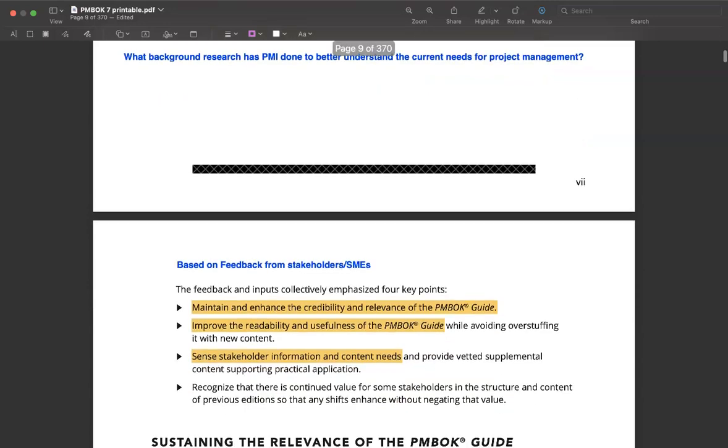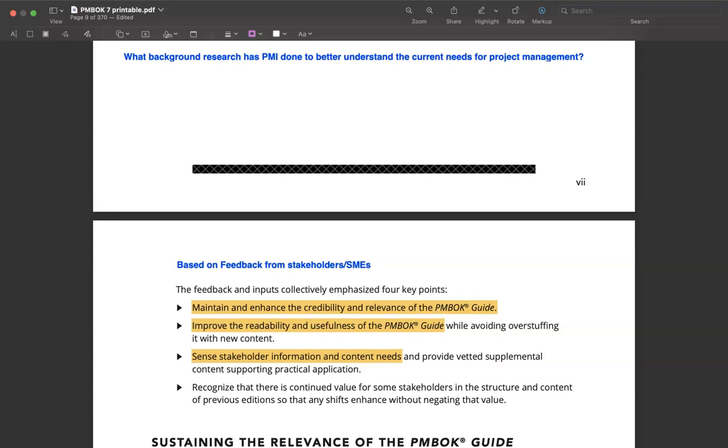So the main reasons are, like it says, they want to maintain and enhance the credibility and relevance of the PMBOK guide. They want to improve the readability and the usefulness of the PMBOK, and they want to ensure that all the different stakeholders all over the world who are involved in doing projects have their needs met by the PMBOK.